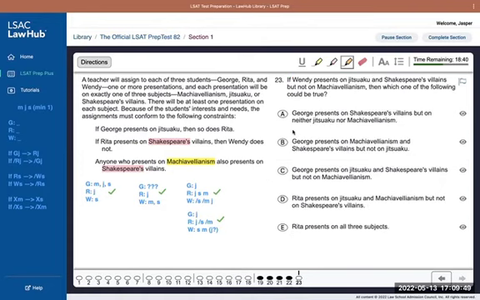All right, last one. So if Wendy presents on J and S, but not M, do we have a scenario where that happens? So we don't, right? We have scenarios. We have this scenario here where W presents on M, and we have this scenario where W does not present on S. What we do have, though, is one where W presents on S, not M, but could present on J, right?